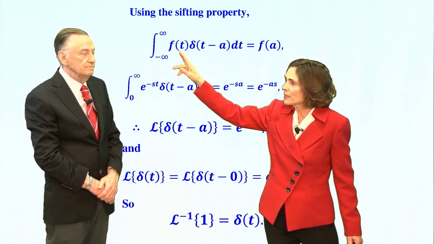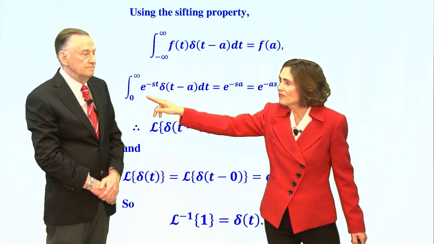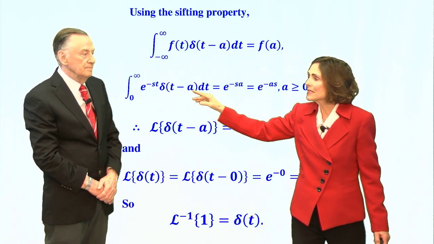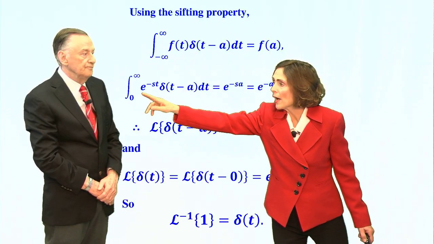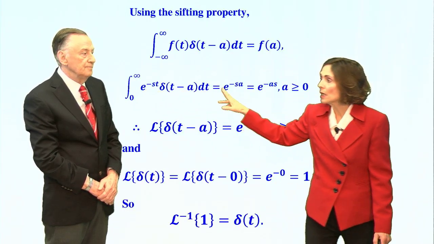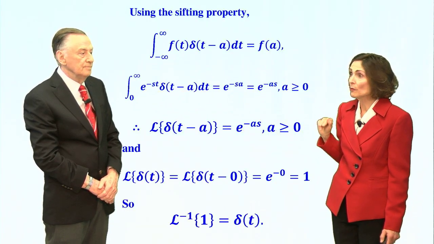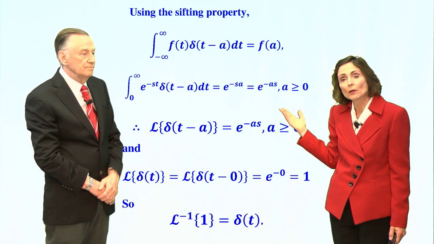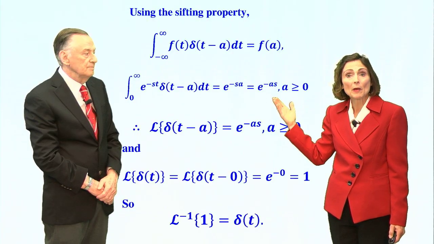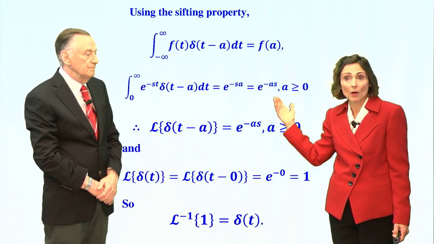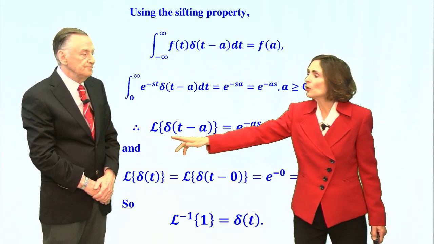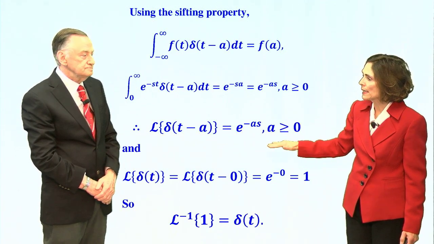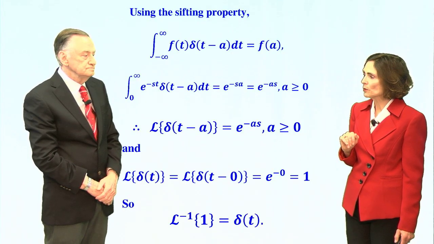We can think of using this with f equal to e to the minus st. So this is simply f at a, which is e to the minus sa, or e to the minus as, for a greater than or equal to 0. a has to be greater than or equal to 0 because we're talking about a Laplace transform where t is greater than or equal to 0. So the Laplace transform of delta of t minus a is e to the minus as, again for a greater than or equal to 0.